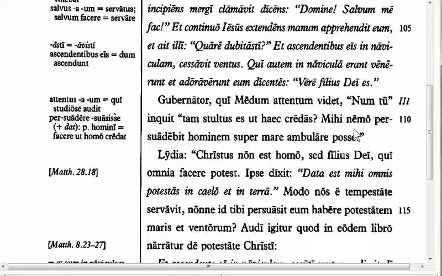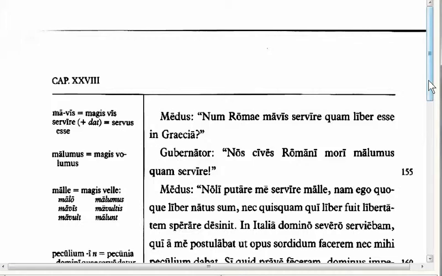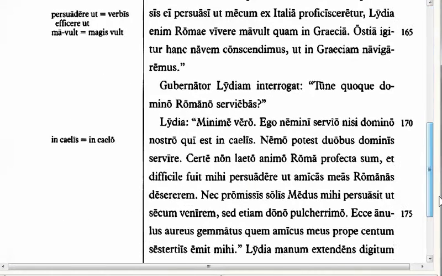Let's take a look at an ut clause in line 174, where we have "nec promissis solis Medus mihi persuasit ut secum venirem." So not by promises alone did Medus persuade me to come with him.